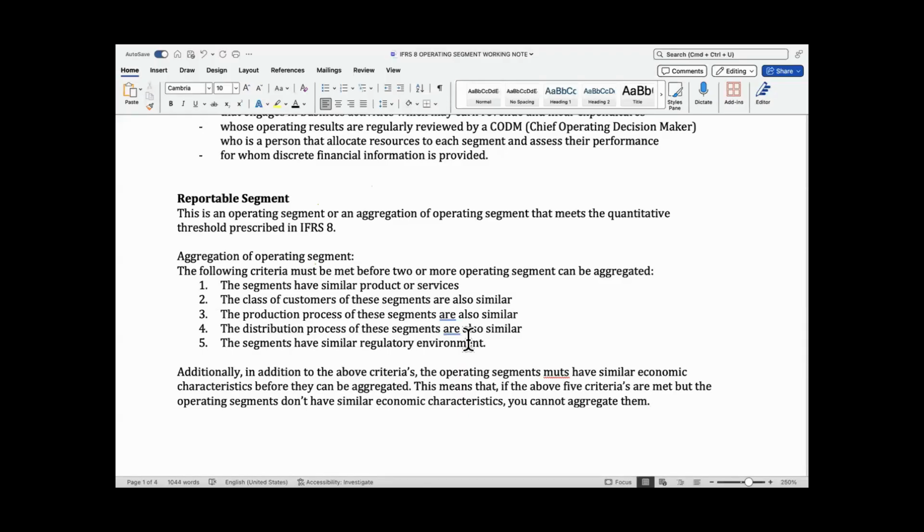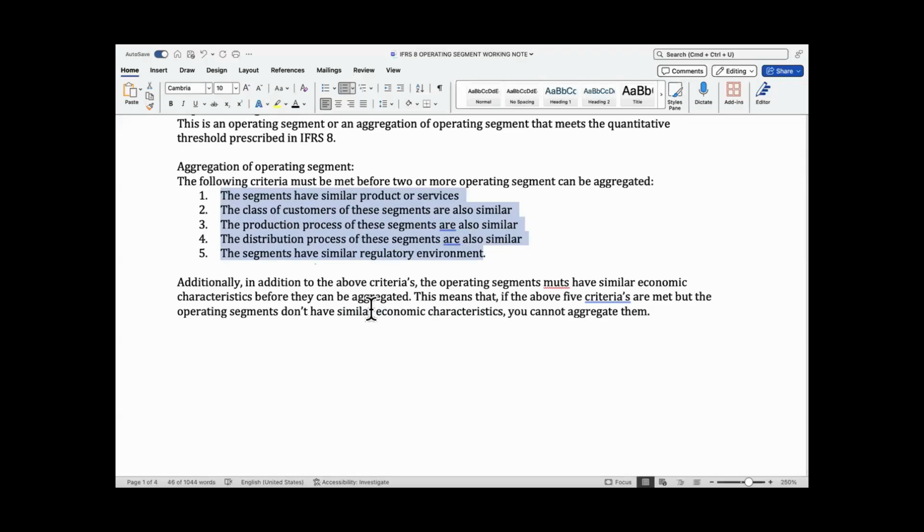When you look at indicators like the inflation rates that they face, the exchange rate environment, even their financial indicators like their gross profit margin and the rest, this is the ultimate. These 5 are important, but we expect that they should operate in the same environment.